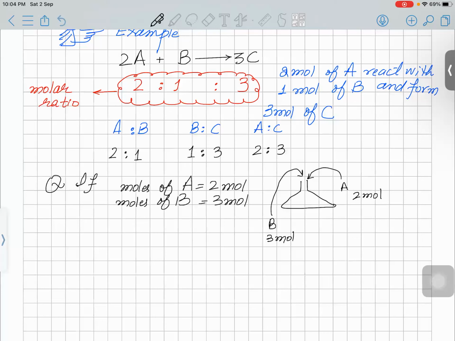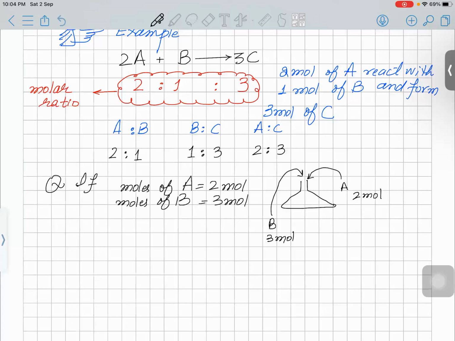Five moles, I guess. 5 moles is the wrong answer.